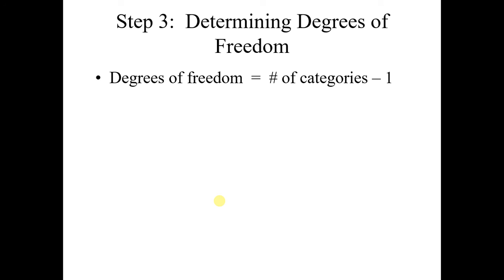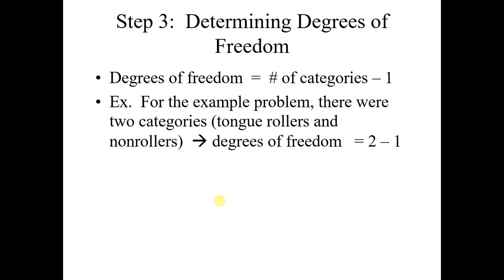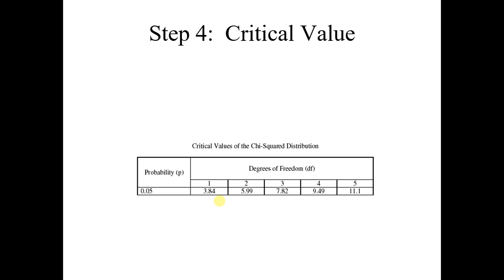So the degrees of freedom for our experiments is always going to be the number of categories, or the number of different possibilities, minus 1. So for example, in this problem, there were 2 possibilities. Either they were a tongue roller or a non-tongue roller. 2 categories. So 2 minus 1 would give a degree of freedom of 1.